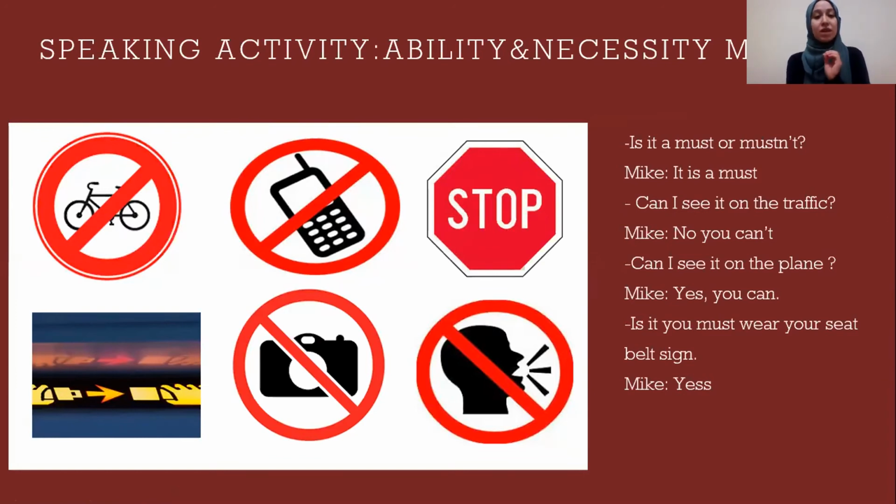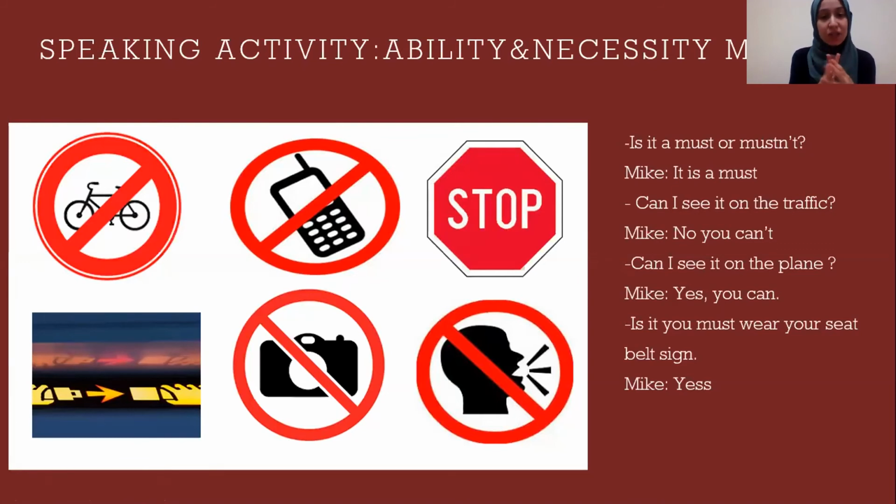And Mike will be the one who volunteers for this activity. He will come to the board and as the teacher, we will ask Mike to choose a sign. Let's consider that Mike has chosen this picture. Wear your seatbelt sign.